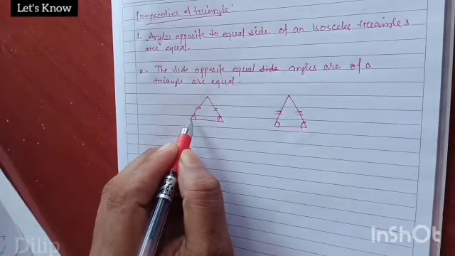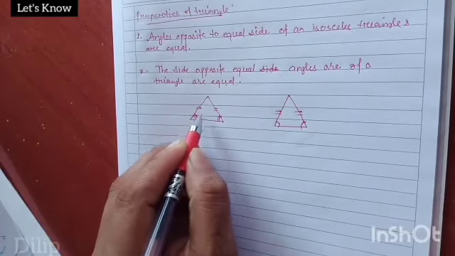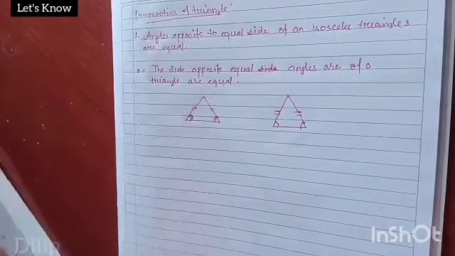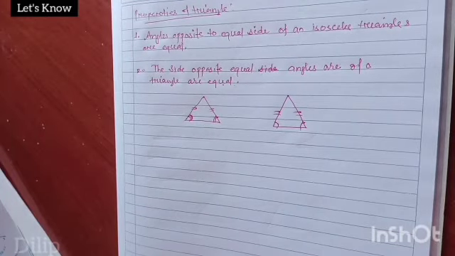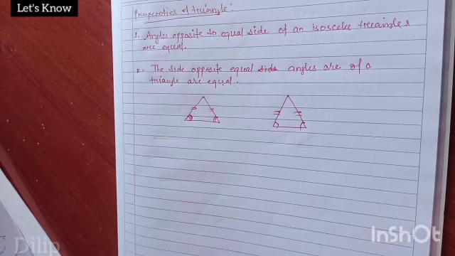If these two angles are equal, then both sides will be equal. So this is the property for isosceles triangles. You have to keep these two properties in your mind, then it will be easy for you to solve any problems related to circle or triangle, and very useful for your future.